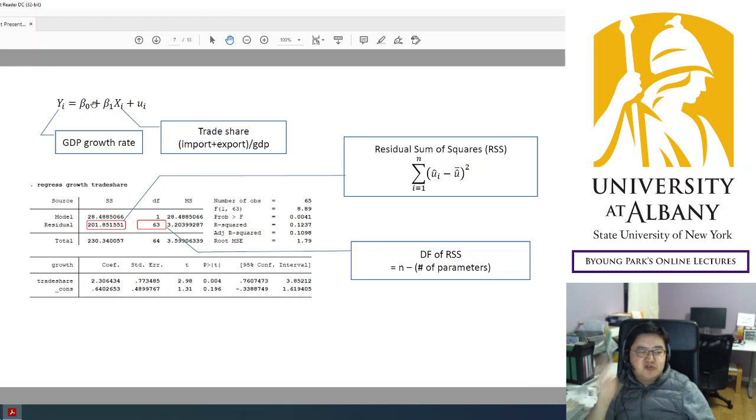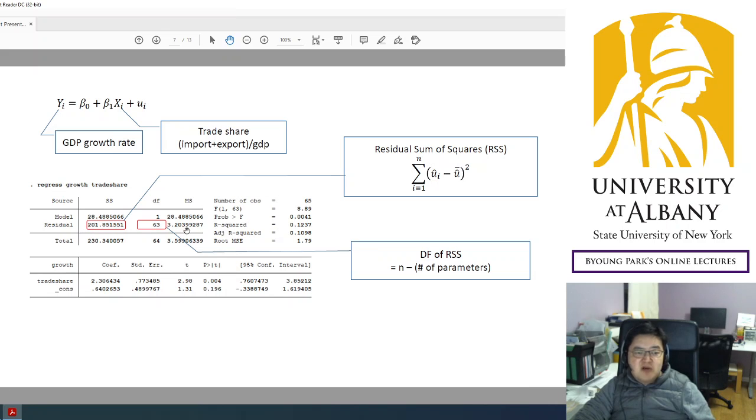So you started from 65 observations, but you lost 2 degrees of freedom, and as a result, you only have 63 for the residual sum of squares. That's how you can read those numbers.